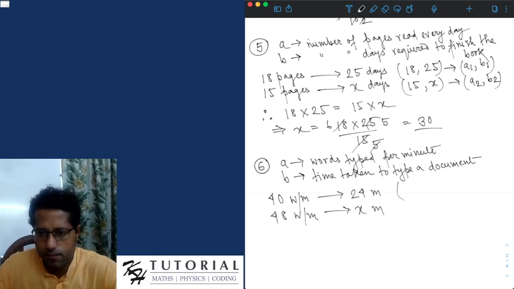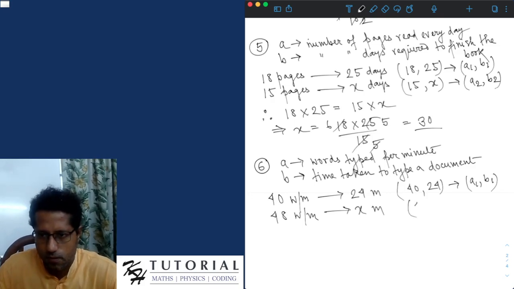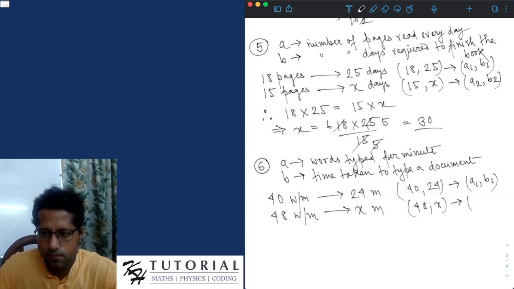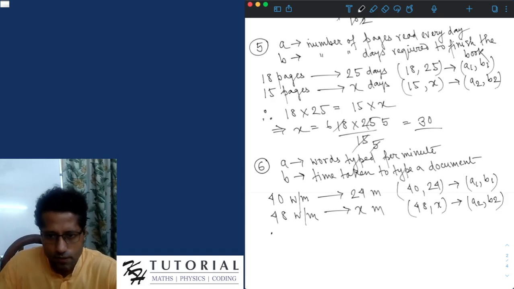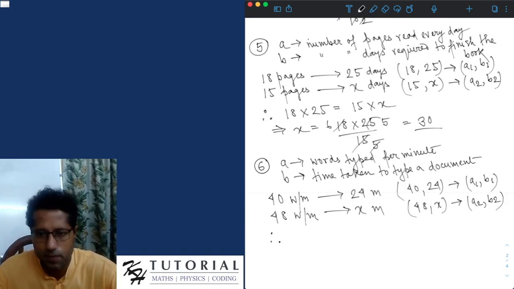So over here 40 comma 24 is the value of A1 B1, and over here 48 comma X is the value of A2 B2. So clearly we have A1 B1 equals A2 B2.